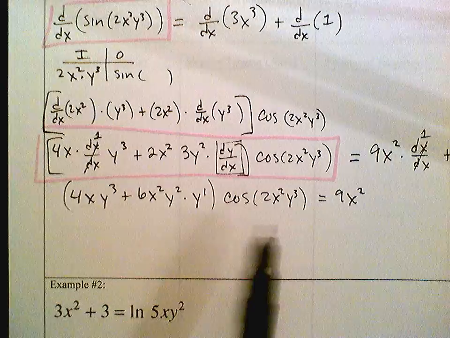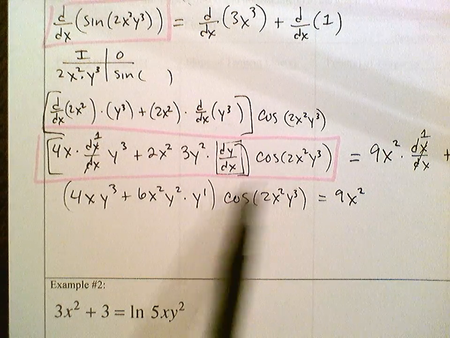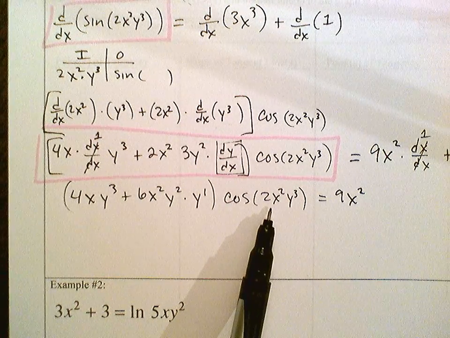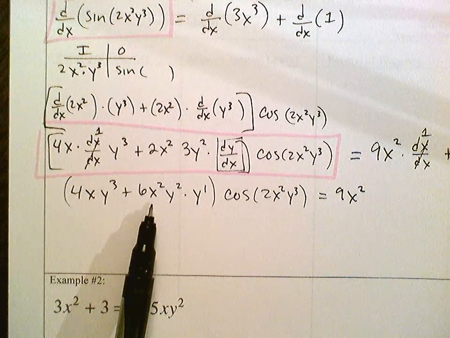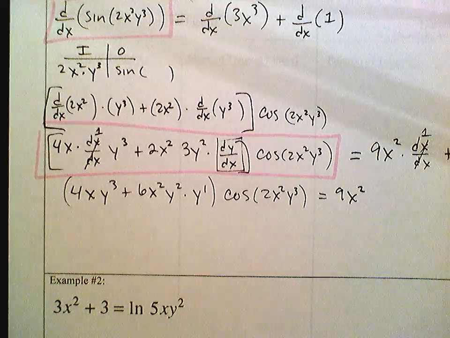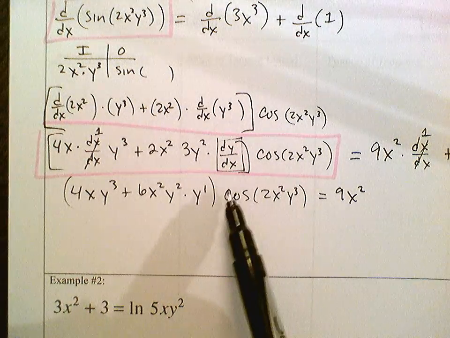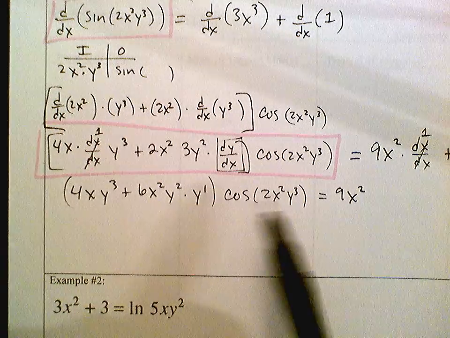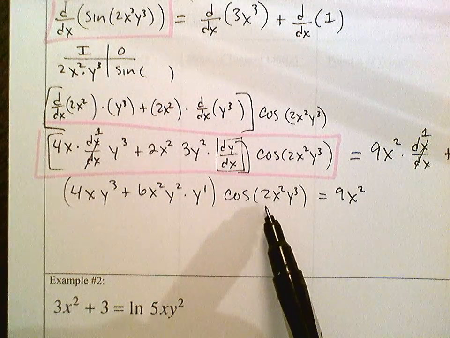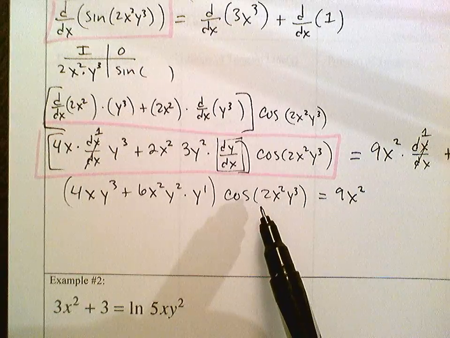Now, you could divide both sides by cosine, and then you'd have to subtract that term and then divide by that term, and you'd end up with a very messy complex fraction. So I recommend that if you're solving for y prime and it's in parentheses, you first distribute what's being multiplied by the parentheses.